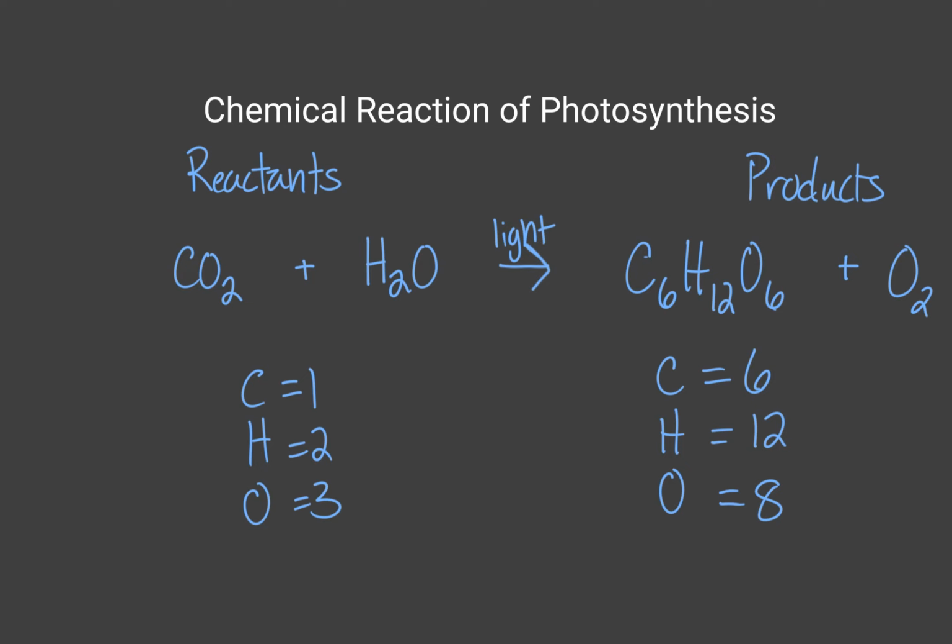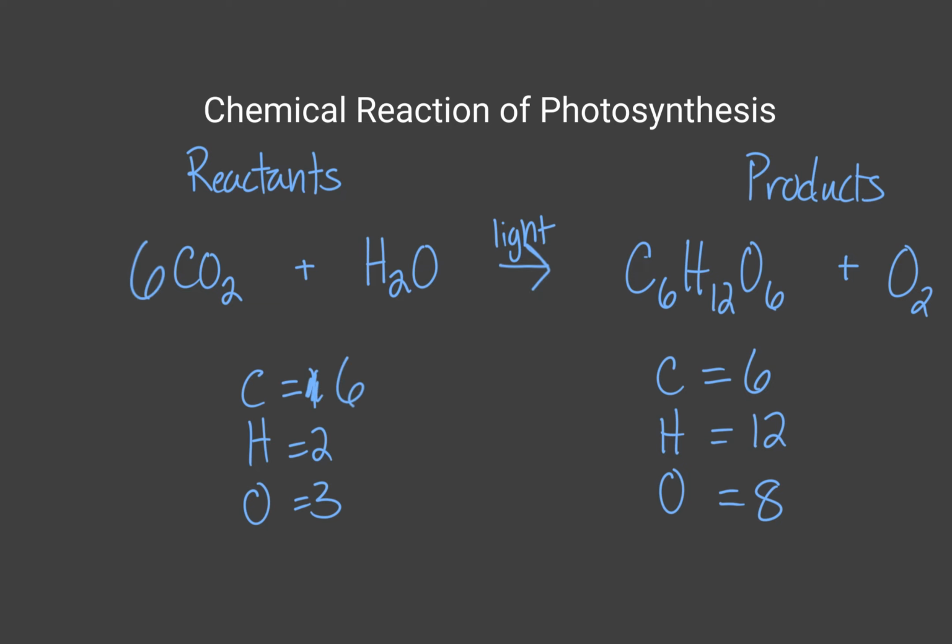We have 6 carbons on the product side and only 1 on the reactant side. So we need a multiplier. To get 6, we need to multiply 1 by 6. So let's add a coefficient of 6 to the carbon dioxide, and we'll multiply that all the way through. We now have 6 carbons, which is good.